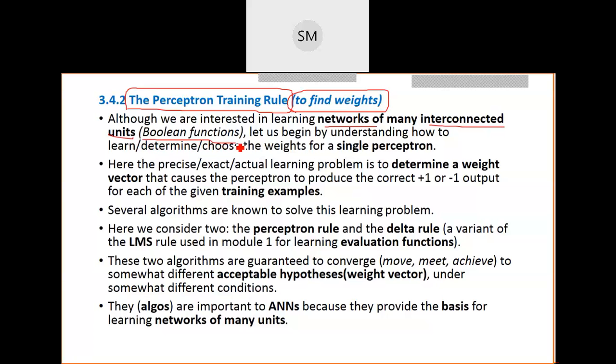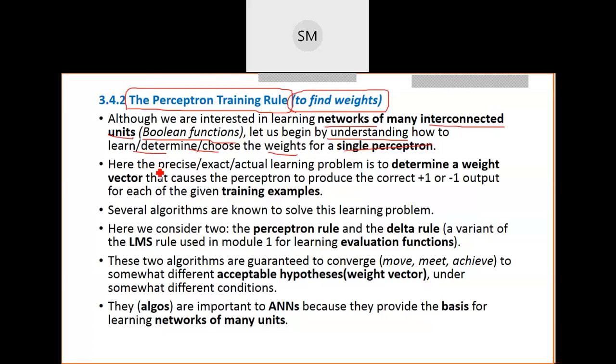first let us start by understanding how to learn or choose the weights for a single perceptron. Getting the input values x1, x2 is not a difficult task. Getting the weight values for these inputs is very important.